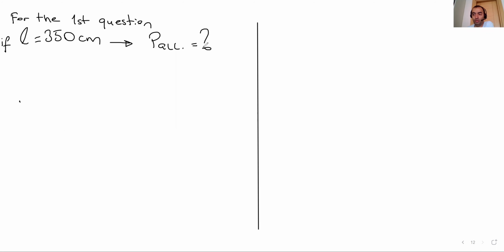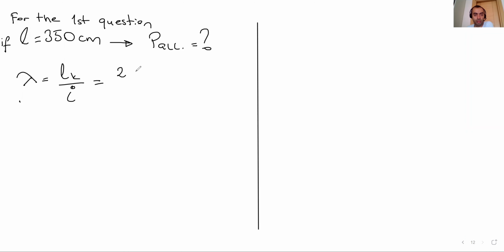So we need to consider the slenderness again, because the section is the same, so I is the same. The only thing that changes here is LK. Again, the buckling length is double L because it's a vertical cantilever.